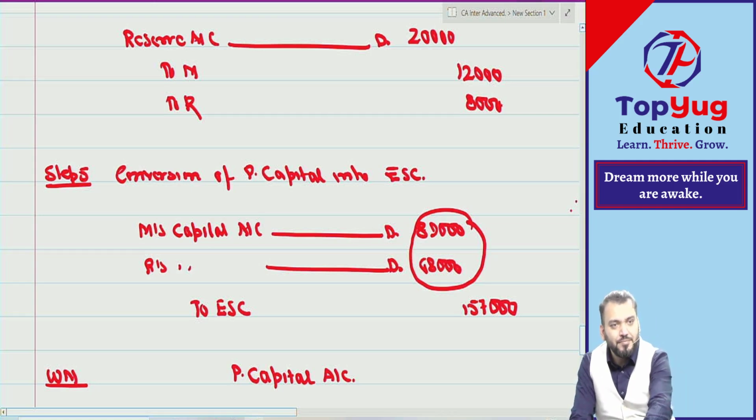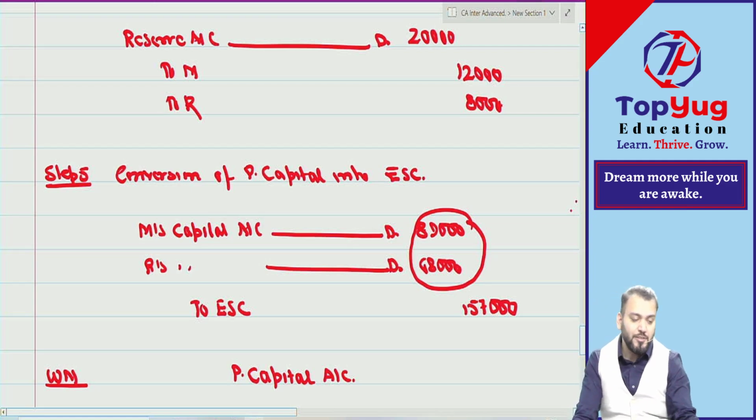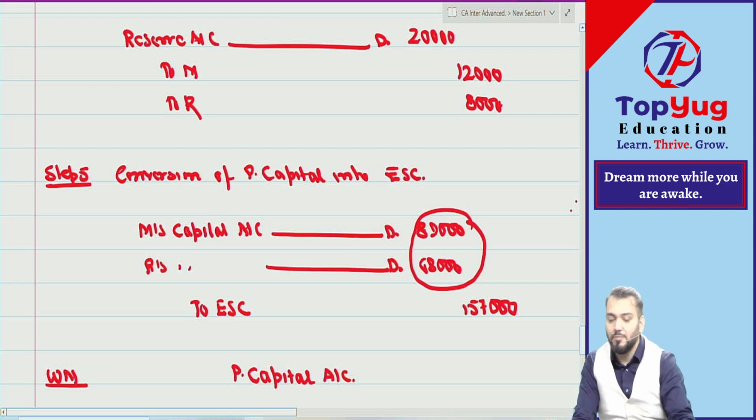Super easy. Then we'll prepare the balance sheet. But balance sheet of company will be in which format? Schedule 3 format. Correct. Even though it is a partnership chapter, the balance sheet of the company is in Schedule 3 format.